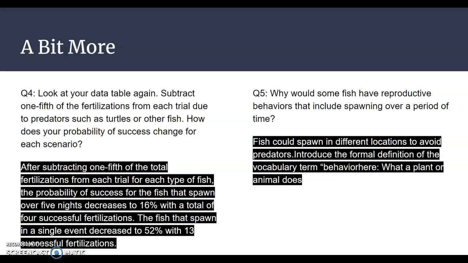We're talking about these behaviors, and it really is about what a plant or animal does. These behaviors in particular are all about success in reproduction for that continuation of the species. So some fish spawn in different locations with these different methods to avoid predators eating those eggs. Predator eats it, no baby fishies.